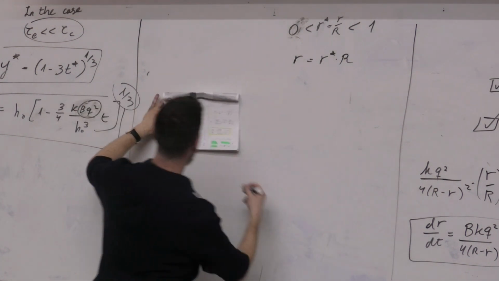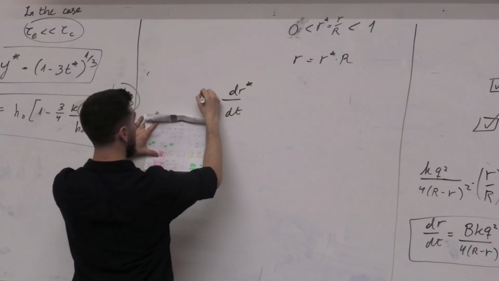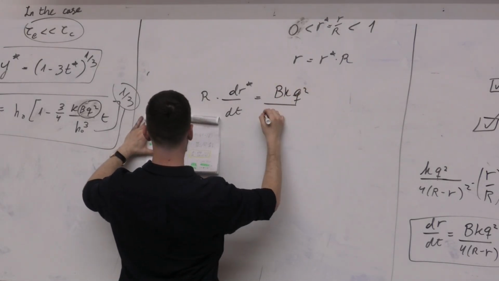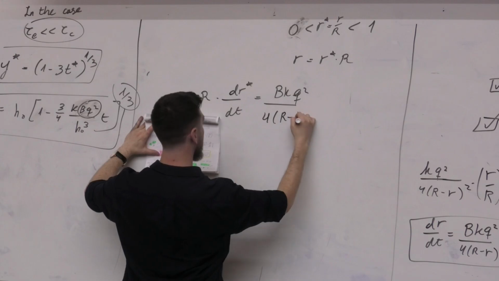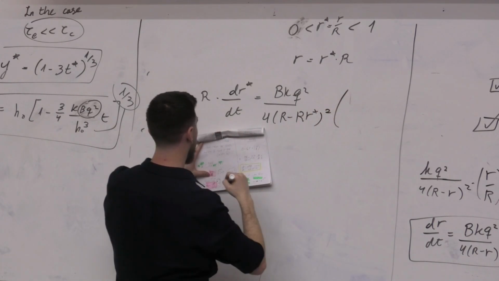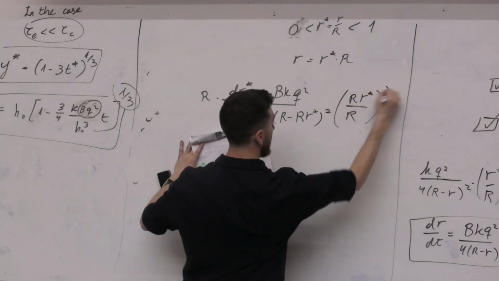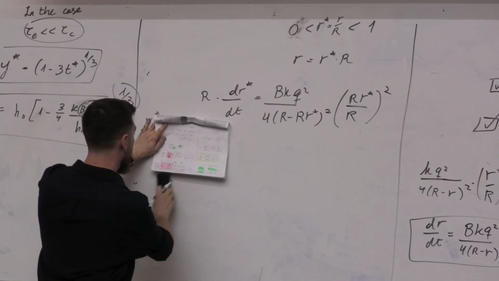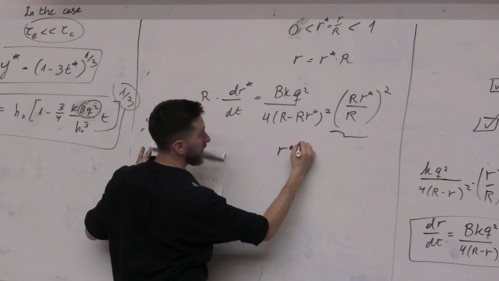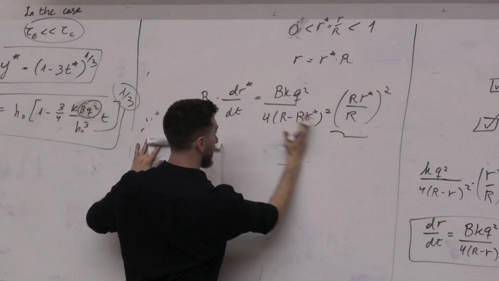I'm gonna plug it inside and we're gonna get dr star divided by dt multiplied by R bkq² 4r minus r star squared, and here I'm gonna have r star R squared, right? If you rearrange it, we're gonna see this is r star squared, right?